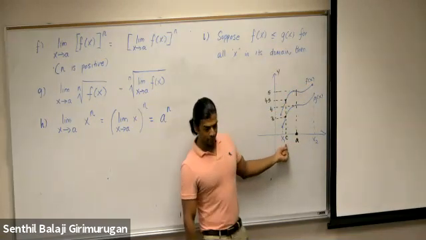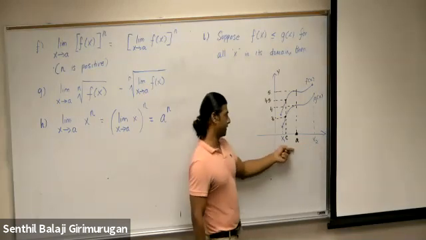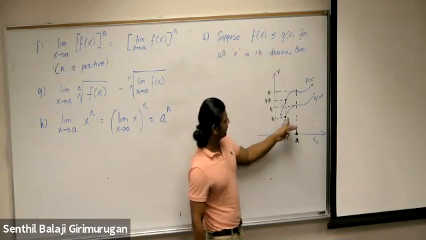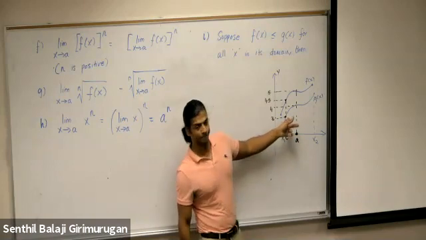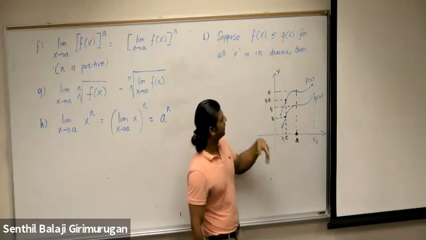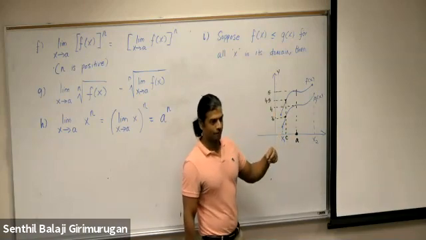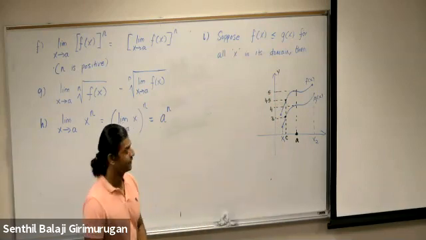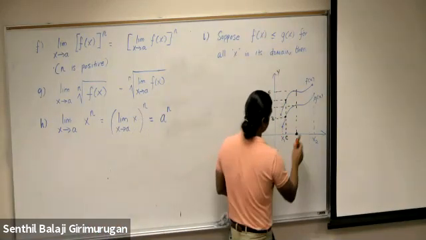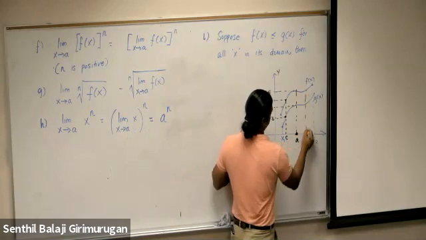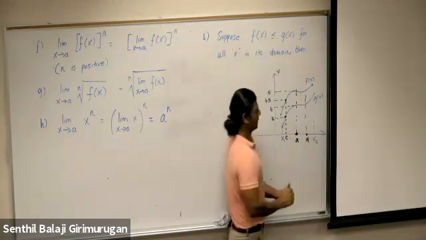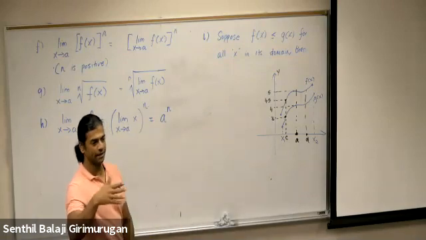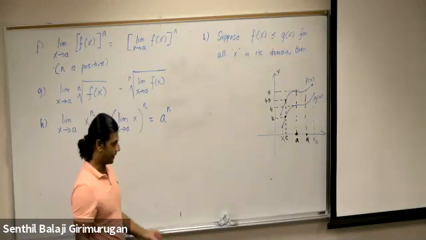Now I pick another point C. I'm going to approach C from either side. What is the limit at C for the function g? 3. F? 4.5. Is 3 less than 4.5? Yes. If I move it to another point, D, do you believe the limit at D for g of x will be less than the limit at D for f of x? Yes.